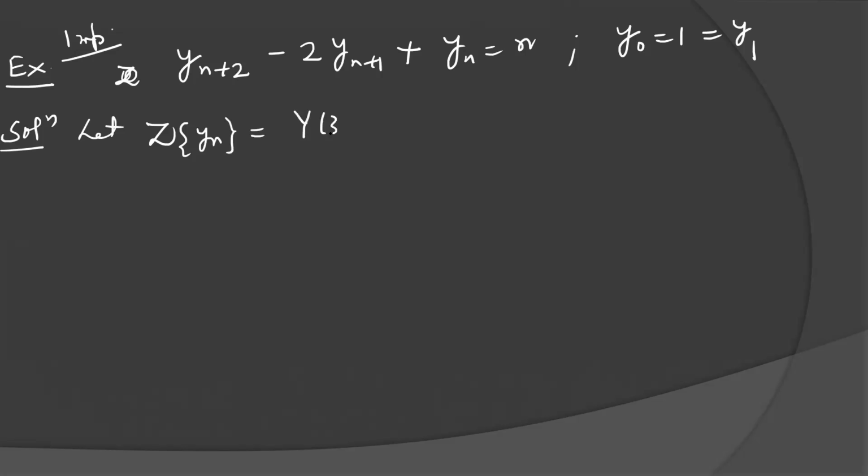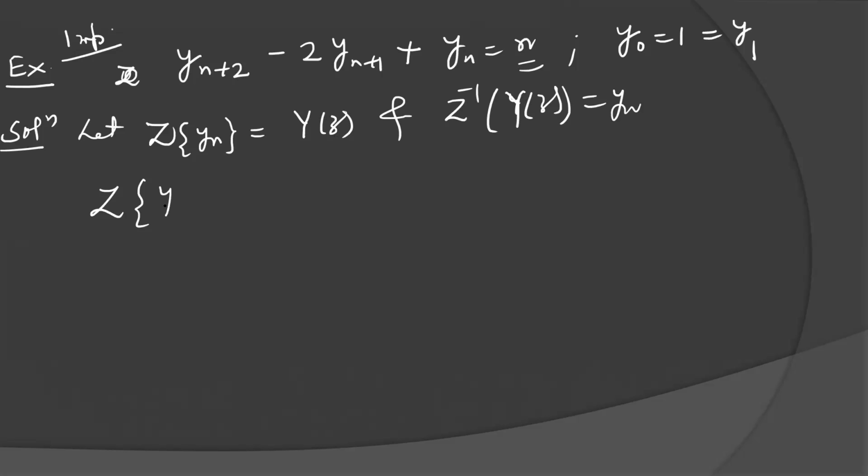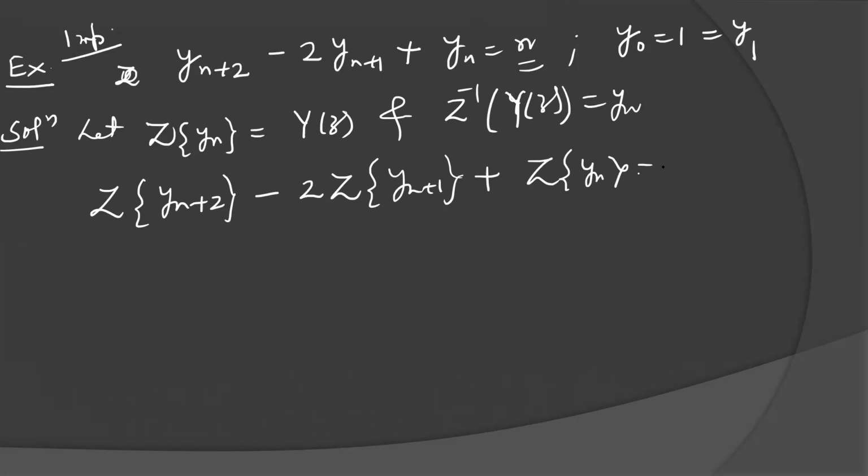This is also second order non-homogeneous, because it is n given here. And the Z inverse of Y(z) equal to y(n). If you take the Z transformation both sides, it will become Z of y(n+2) minus 2 Z of y(n+1) plus Z of y(n) equal to the Z transformation of n.